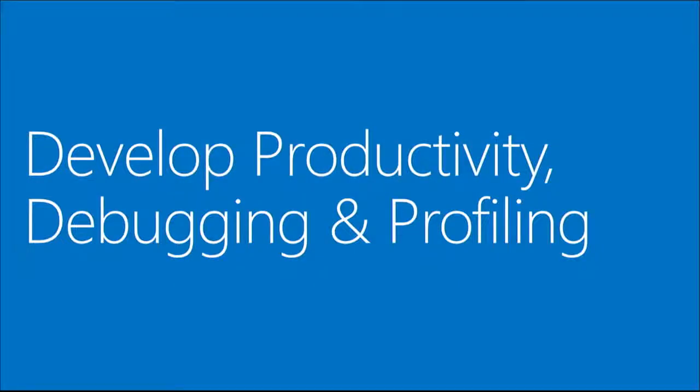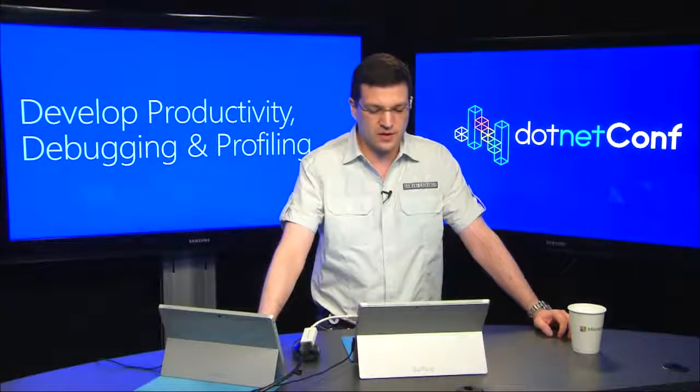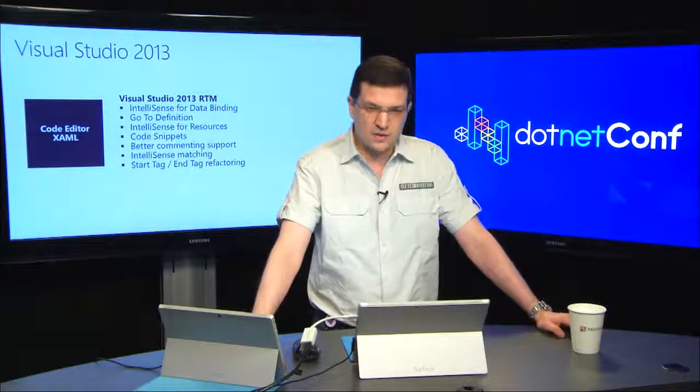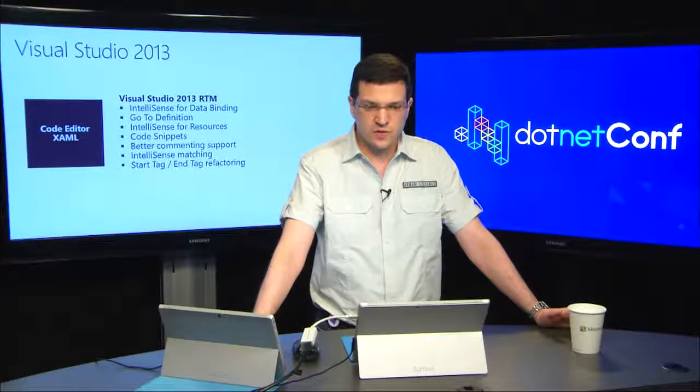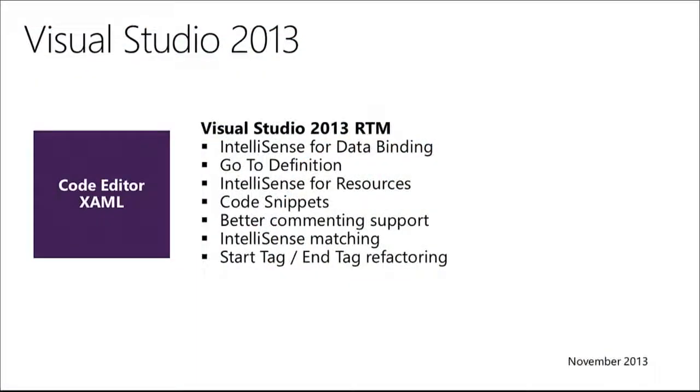The first section that we're going to cover is developer productivity, debugging and profiling. Specifically, let's start with what's new for developers in Visual Studio itself. When Visual Studio 2013 RTM shipped, we right away delivered on a bunch of promises to developers around XAML tooling. And this XAML tooling has all the capabilities that you see up on my slide. We've added IntelliSense for data binding, we've added go-to-definition, IntelliSense for resources, and all sorts of other capabilities right there in Visual Studio.